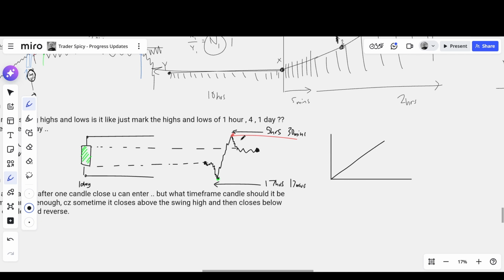Assuming all other factors are equal, and in markets they never are, but we're just going based off theory, the more time that price spends away from a level, generally speaking, we can assume that there are going to be more limit orders placed at that particular level.